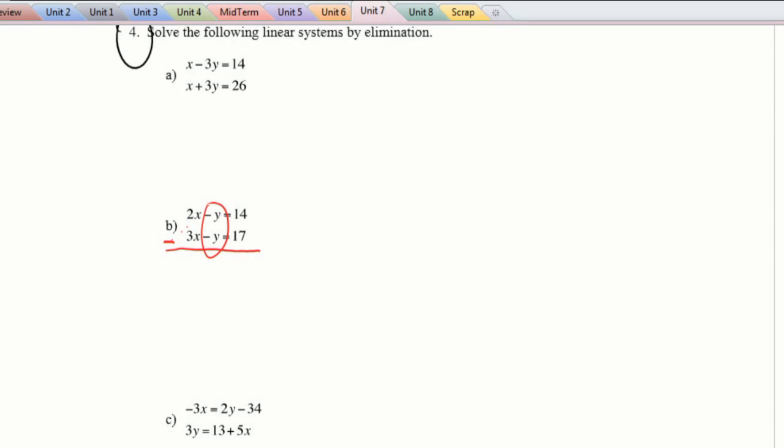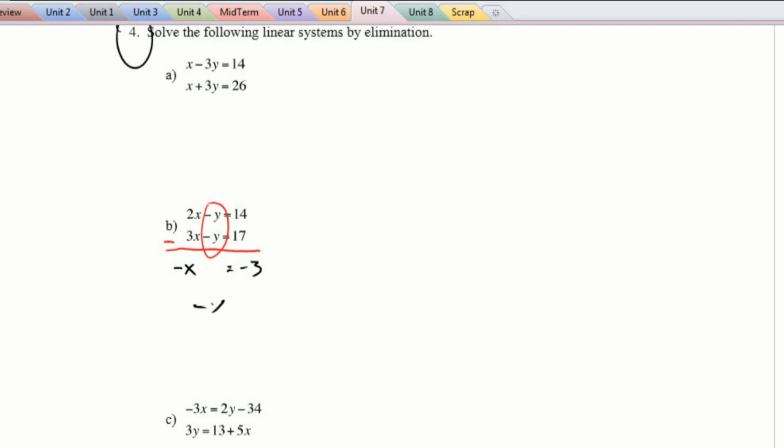So if I'm subtracting, what do I end up with? I go 2 minus 3, which is going to give me negative x. My y's are going to go to 0, so I'm not even going to write it. And then 14 minus 17 gives me negative 3.